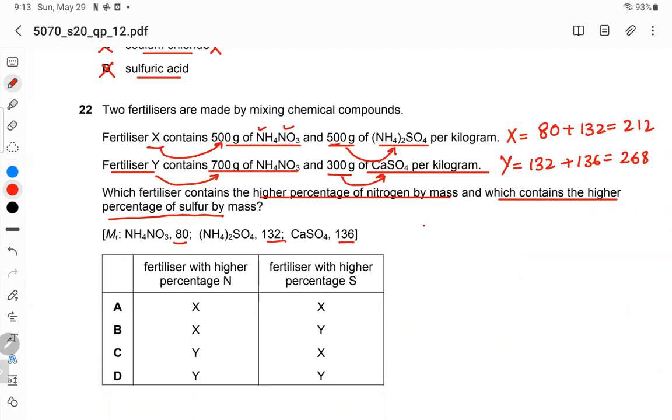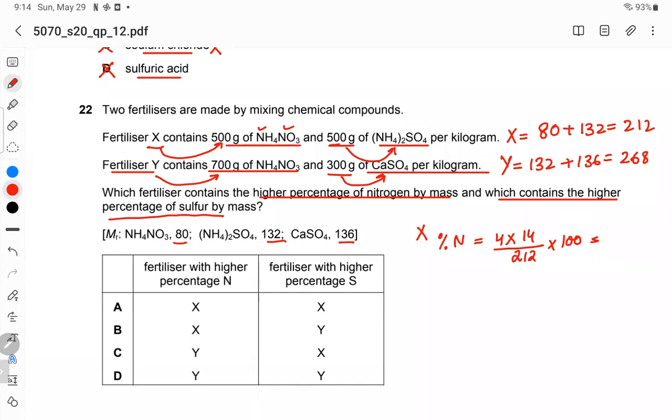So for X, the percentage of nitrogen is equal to 4 times 14 divided by 212 and multiplied by 100. Is this point clear to everyone? Please tell me what percentage of nitrogen is coming.